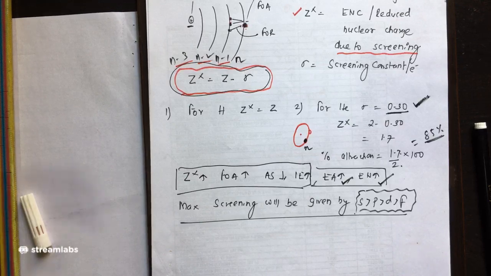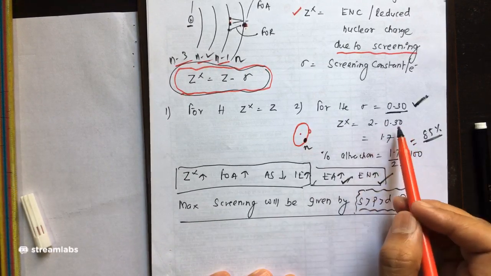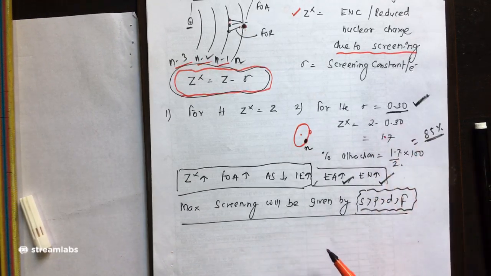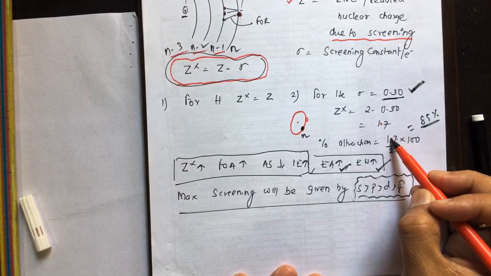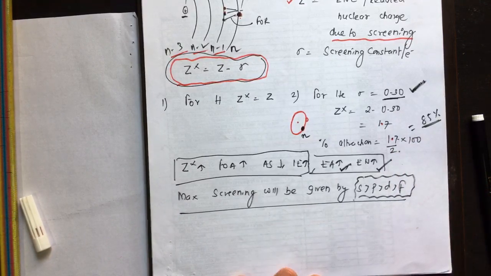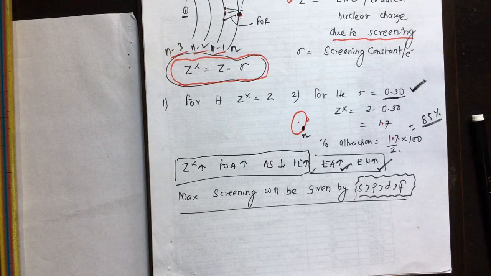Z* is Z minus sigma, 2 minus 0.30, which is 1.7. This is the effective nuclear charge. So the percentage attraction is 1.7 upon 2 into 100, which is equal to 85%. Earlier we were expecting 100, but actually it is 85%.